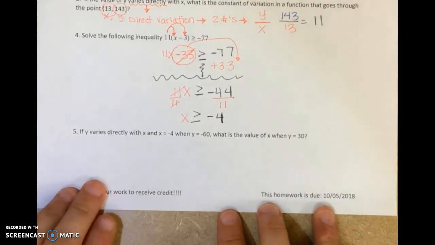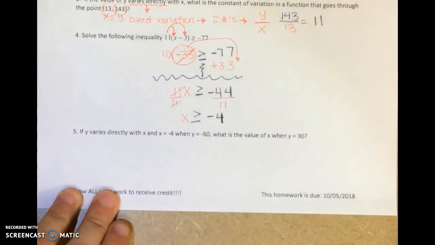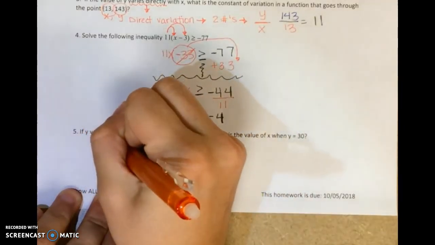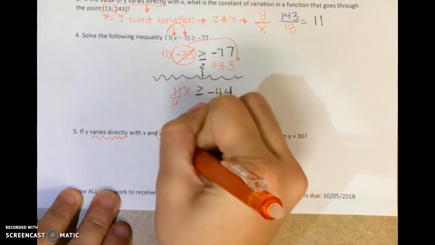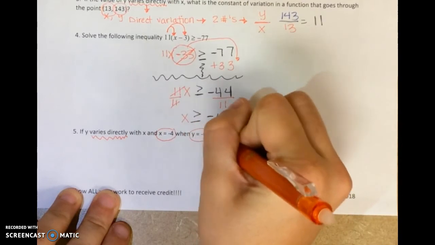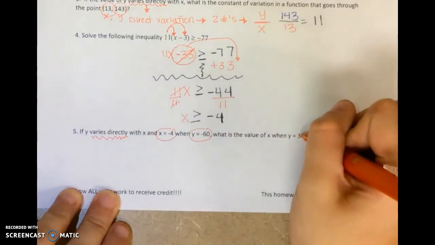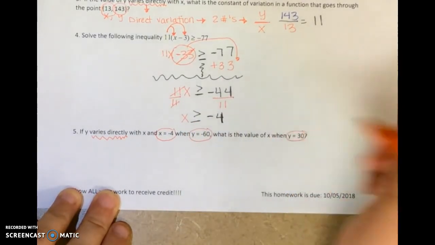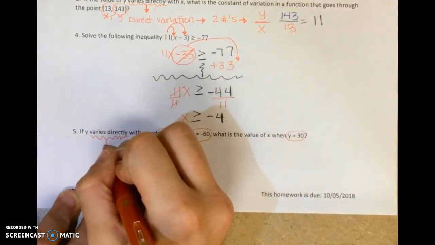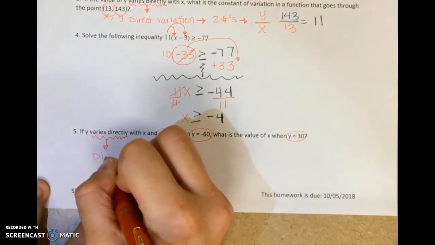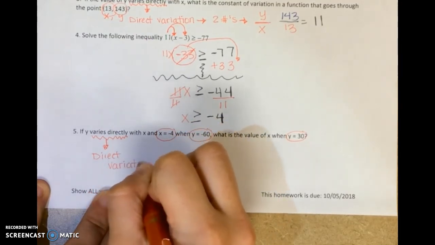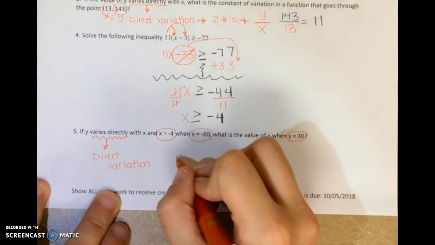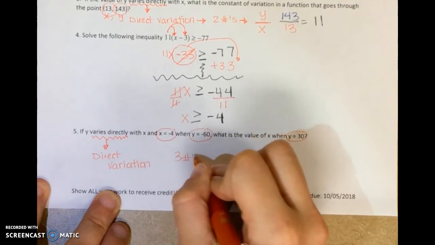For the last problem, if y varies directly with x, and x equals negative 4 when y equals negative 60, what is the value of x when y equals 30? First thing I think is varies directly means direct variation. And I have a direct variation problem with 3 numbers.